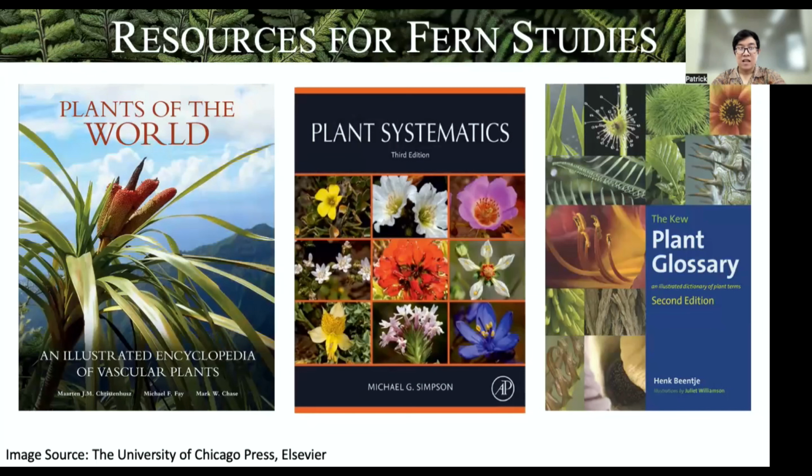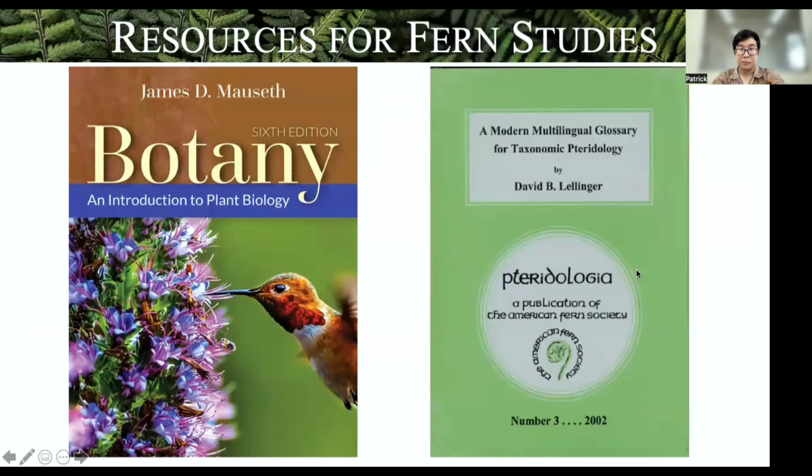Next is the bible of plant systematics, Plant Systematics, third edition, published in 2020, which accounts for the systematic concepts of all known plant groups. And of course, the Cue Plant Glossary, which contains terms related to plant anatomy and morphology. Botany by James Mauseth, and a specialized glossary of ferns and lycophytes, which I also used in this presentation, by the author David Lellinger.